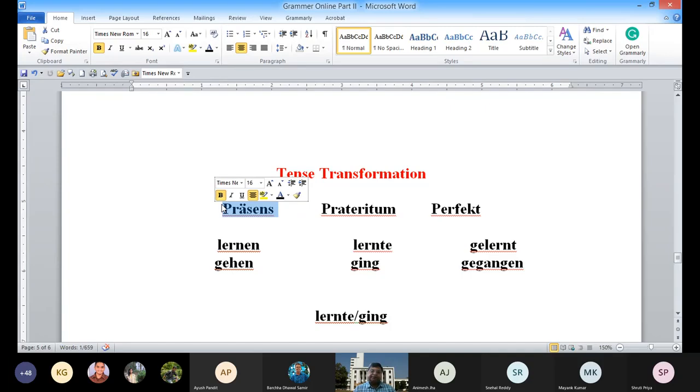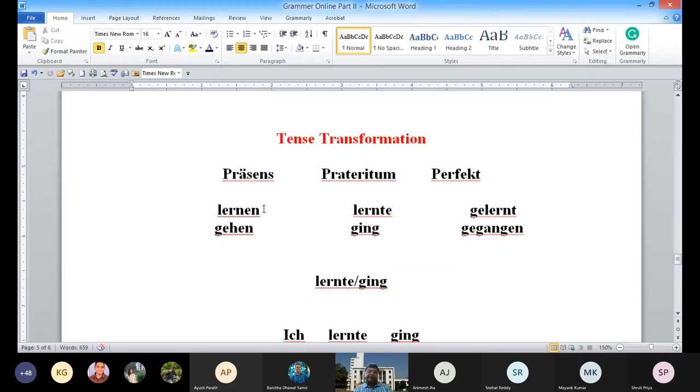That is the first form, used in present tense. Then we have the second form of the verb, used in the past tense. And then the third form of the verb, the past participle, used in the perfect tense and passive voice.